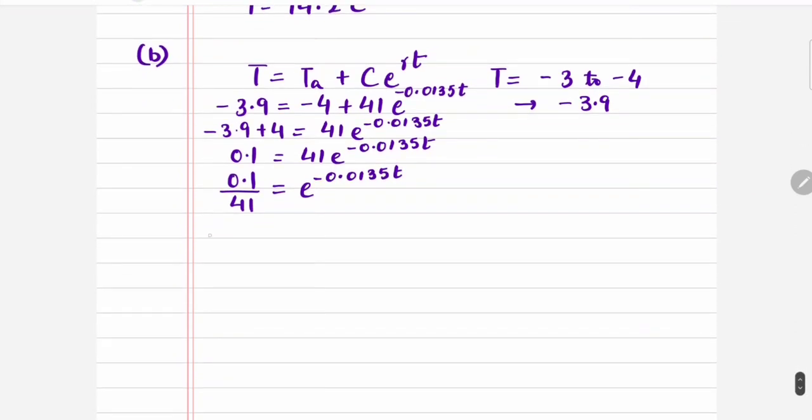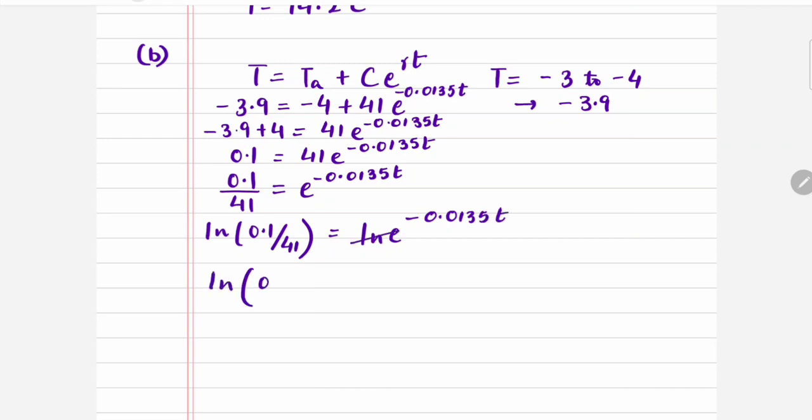You can do ln on both sides. So ln(0.1/41) is equal to ln e to the power of -0.0135t. Don't make the mistake that I am making of getting that 0 away. 135t, that's gone. So ln(0.1/41) divided by -0.0135 is equal to t.